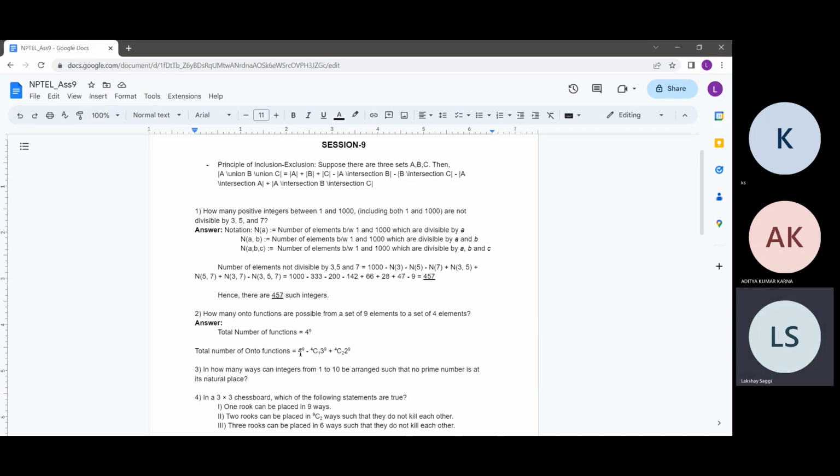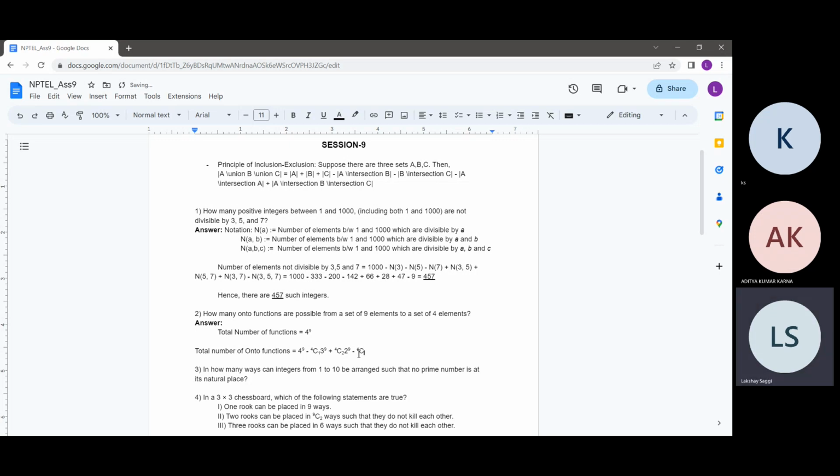Just referring to it there, this is our total number of functions. These correspond to when E1 is not mapped, when E2 is not mapped, E3 is not mapped, E4 is not mapped. And while doing this, I would have subtracted some extra, which I add back by pairwise additions. And now I'll need to subtract the triplets again, since I would have added them extra.